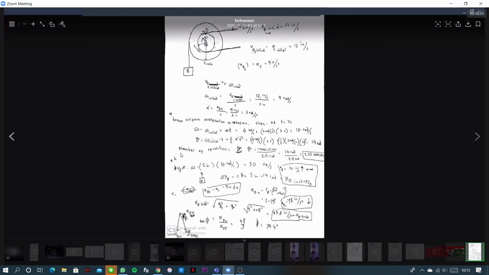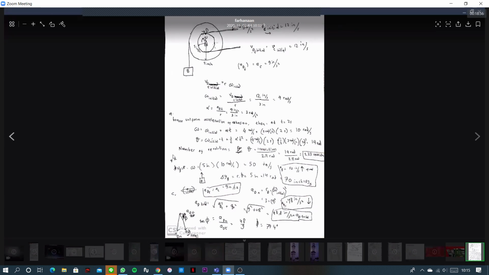And then we try to find the number of revolutions. Because one revolution is 2 pi radians, we can find it by calculating theta, the rotational position, times 1 revolution over 2 pi radians. We get the number of revolutions is about 2.23 revolutions.